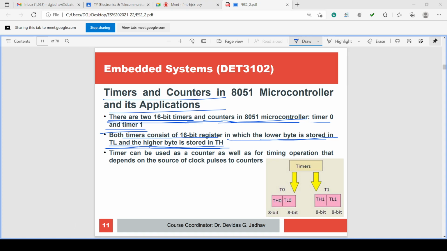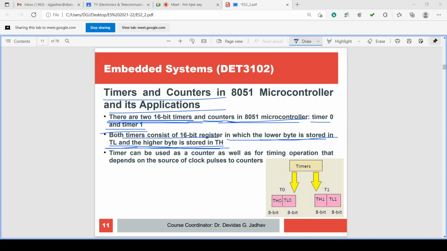Timer low and timer high. So these 16-bit timers are each divided into 2 bytes. One 16-bit timer is T0, another 16-bit timer is T1.